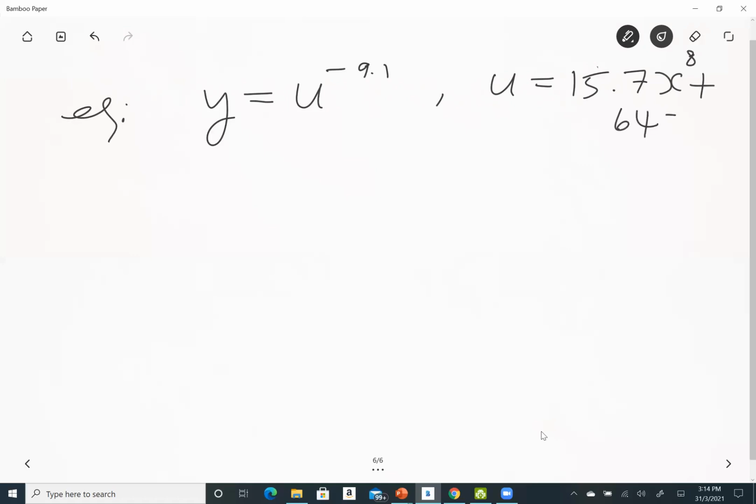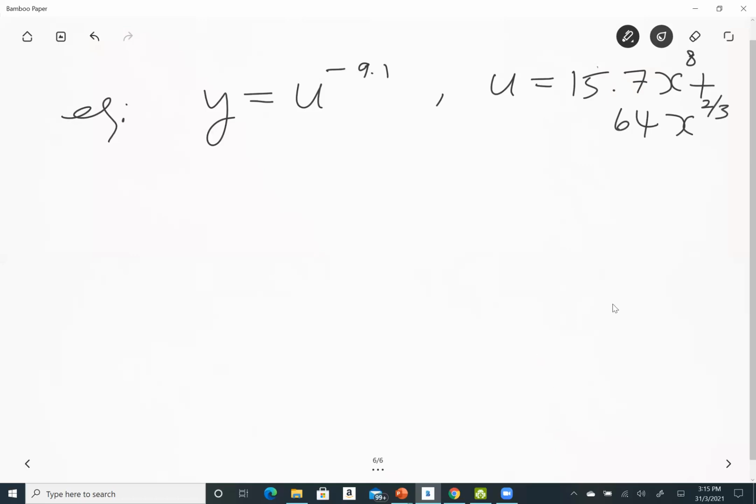I have y equal to u to the power of negative 9.1, and u is equal to 15.7 x to the power of 8 plus 64 x to the power of 2/3.